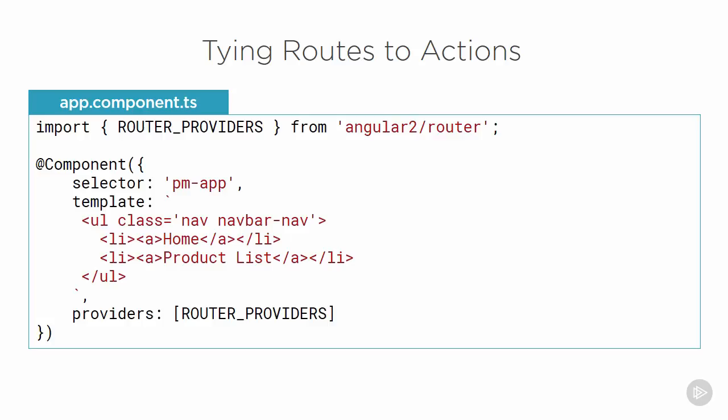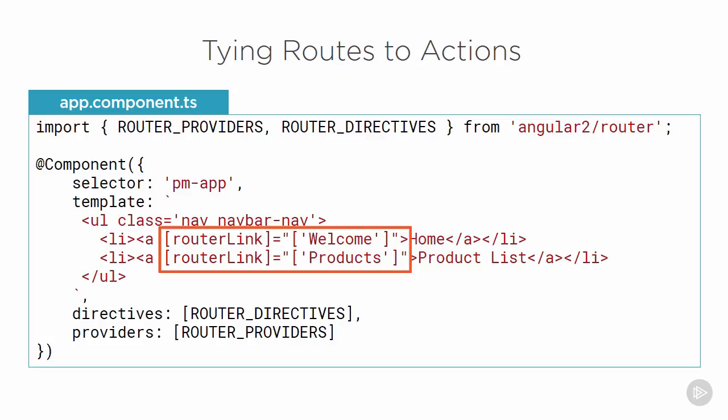We do that using the router link directive. The router link is an attribute directive, so we add it to an element, such as the anchor tag here, and we enclose it in square brackets. We bind it to a template expression that returns a link parameters array. The first element of this array is the string name of a route.